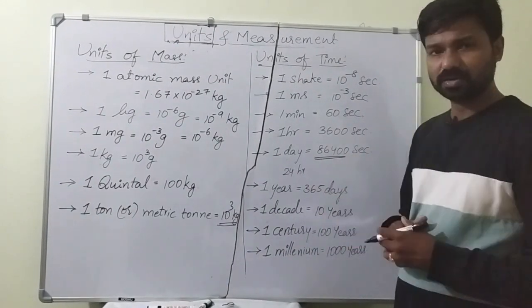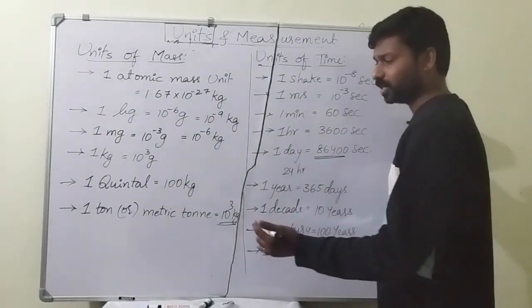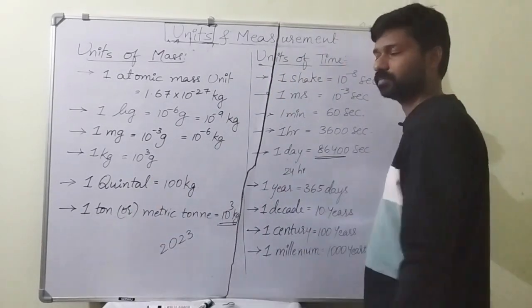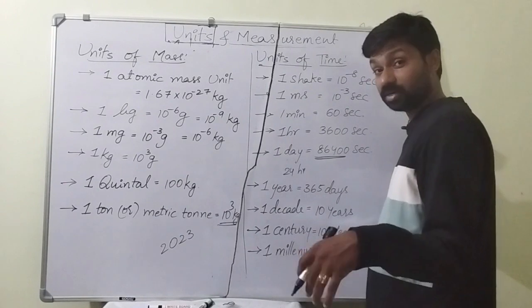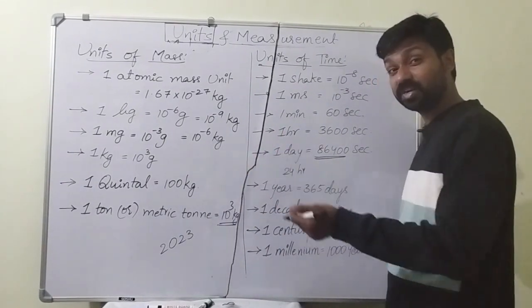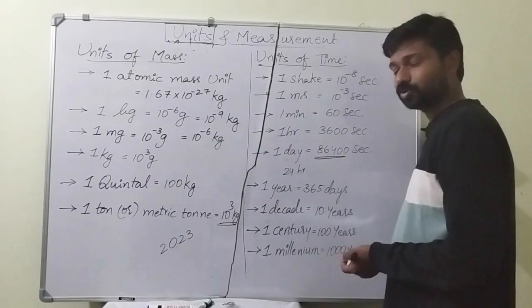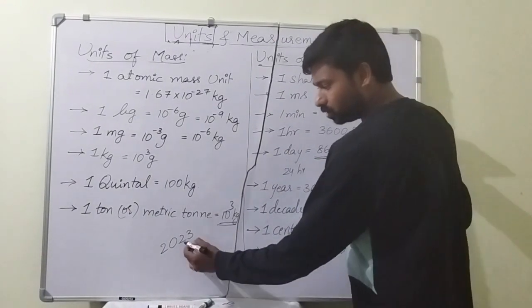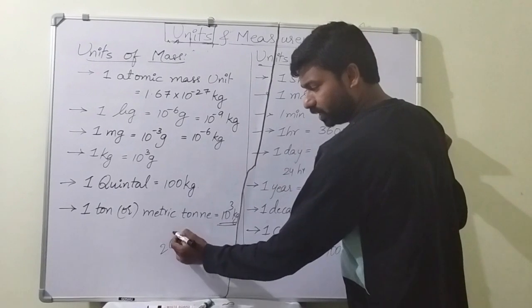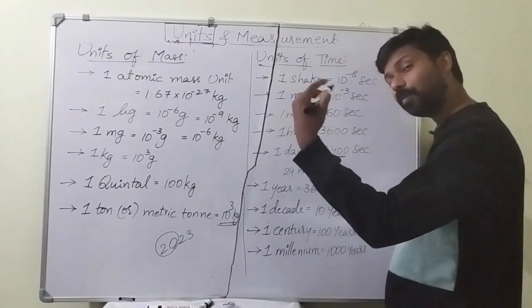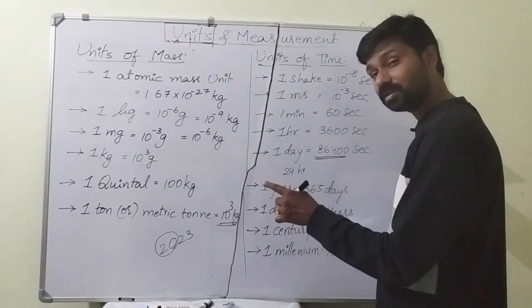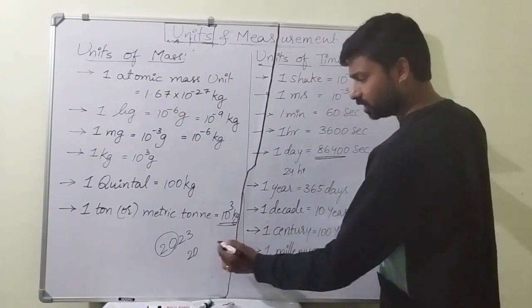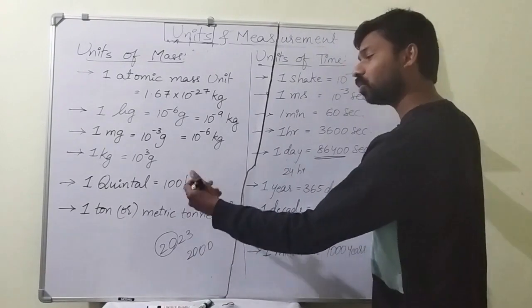So these are different units. For example, right now which year is this, my dear? 2023. Okay, so I'll remember that I am doing this video in 2023. So 20 centuries have been completed, because each century is of 100 years, right? 2000 years are over.